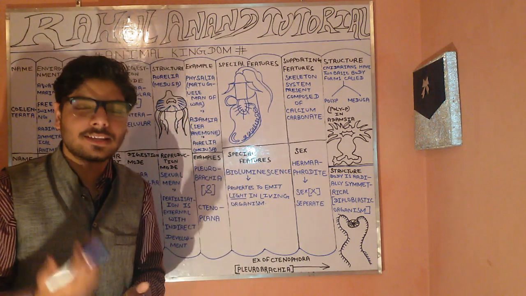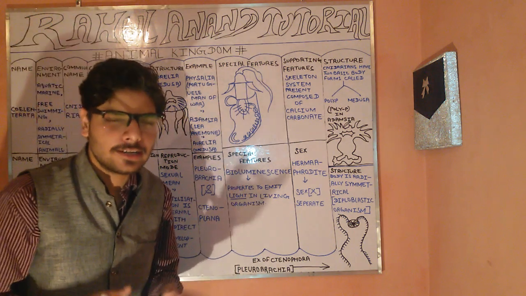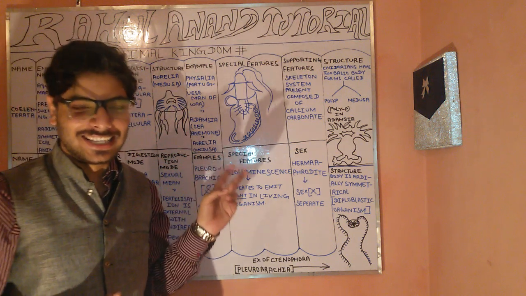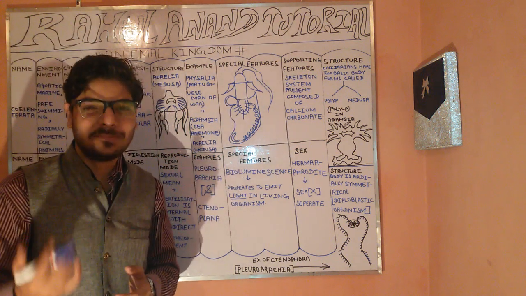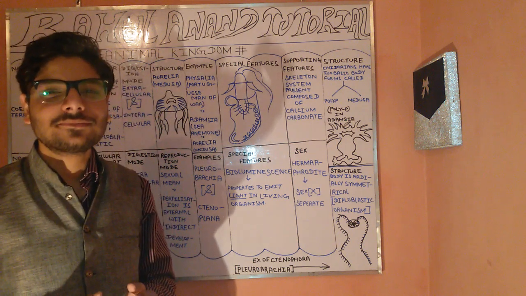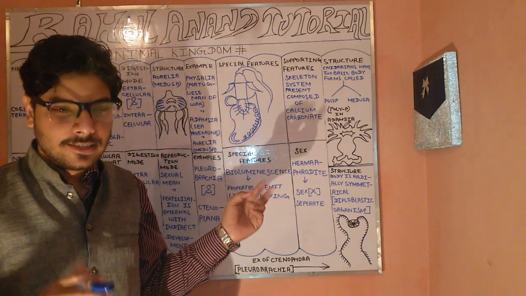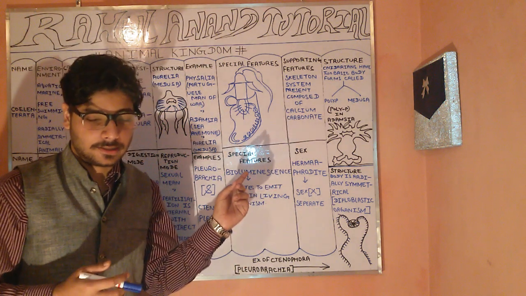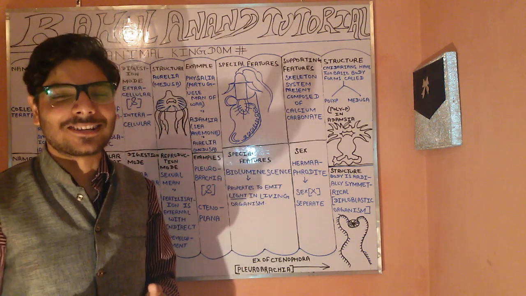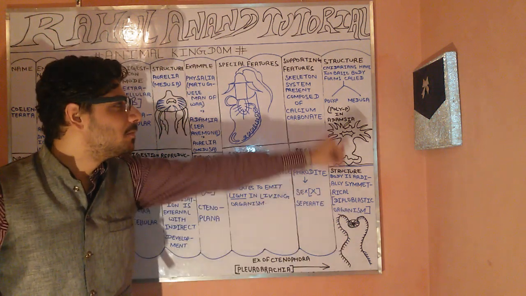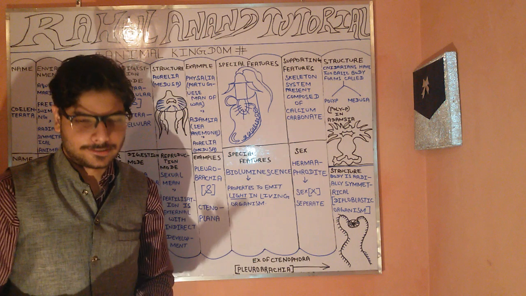Then R is standing for the reproduction mode. Then E is standing for the example. Then triple S: one S is standing for the special feature, one S for the supporting feature, and another S for the structure.